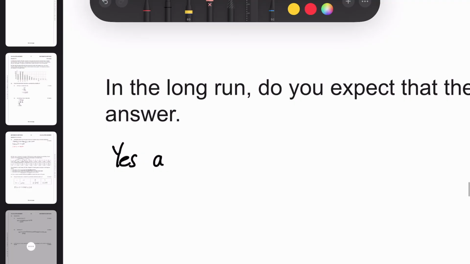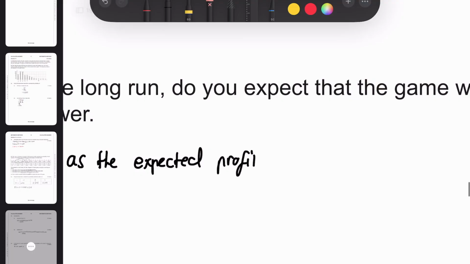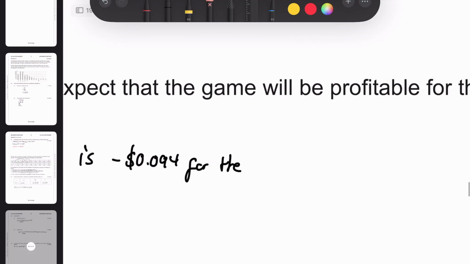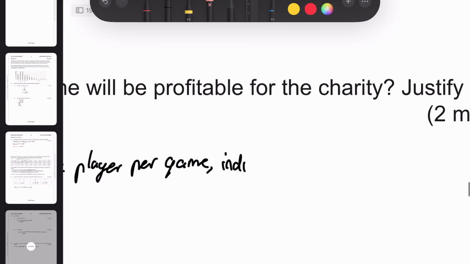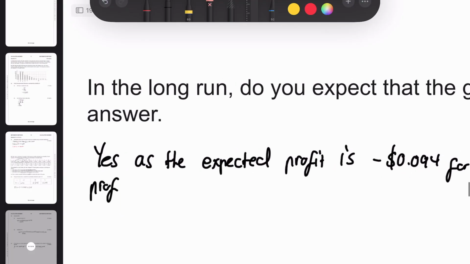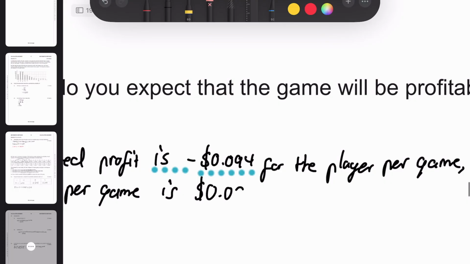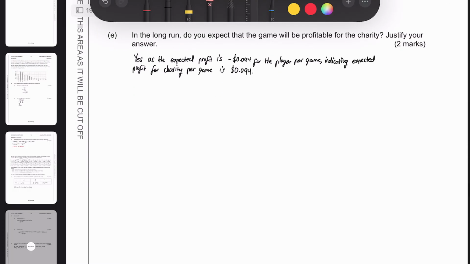Yes, the expected profit is negative $0.094 for the player per game, indicating the expected profit for the charity per game is just the negative of that.